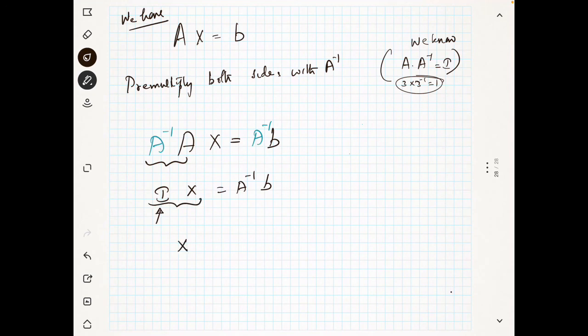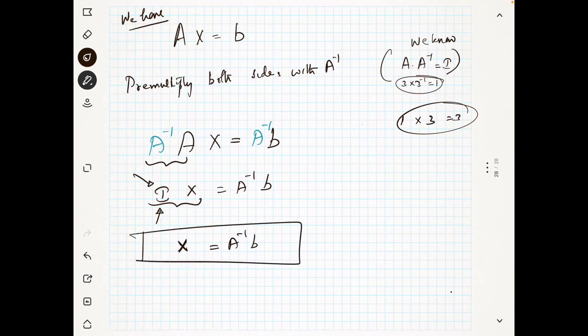For example, if you have a number 3, you multiply with 1, you will get 3. Like this, if you multiply I with X, you will get X. So X is equal to A inverse into B. So you got the solution. You want to find x1, x2, x3. You will find A inverse and multiply with B. That's the solution.